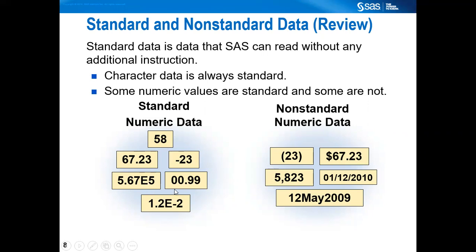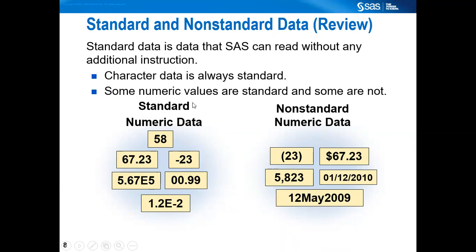Of course, characters are always standard, but you need to tell it's a character value, therefore you provide the $ sign. That's the general instruction, but it is standard data because for character you never give any special or additional instructions. Numeric values like numbers with decimals, with a minus sign, or with exponential values can act as standard numeric data values.